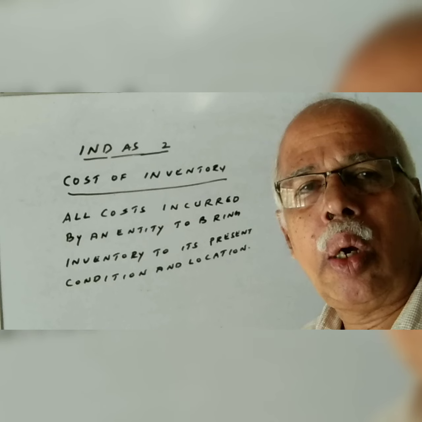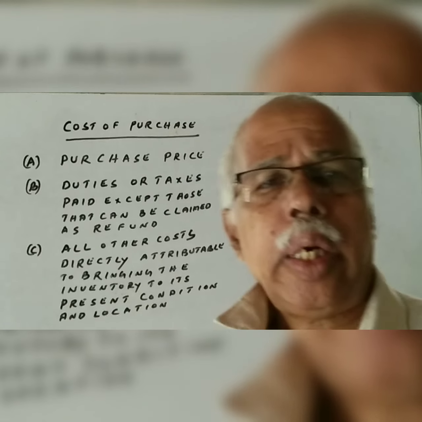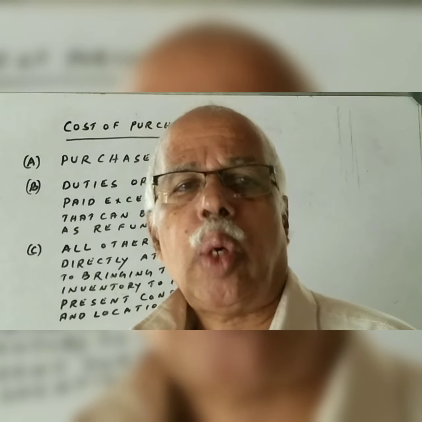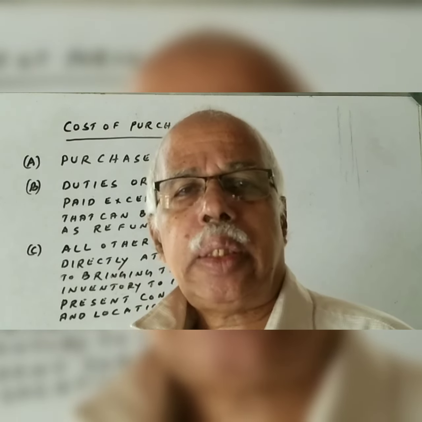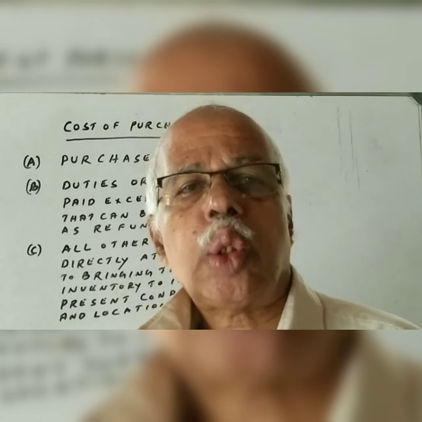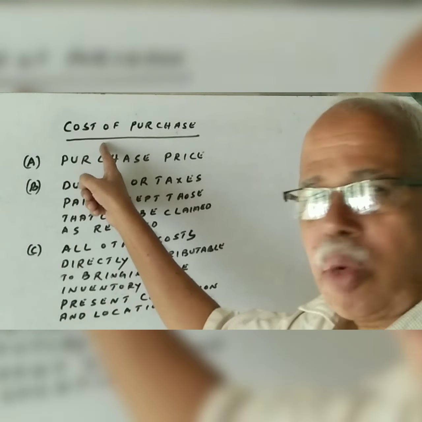We will examine what these costs are in detail. Inventory cost consists of two components. One is cost of purchase and the other is cost of conversion. Let us start with cost of purchase.